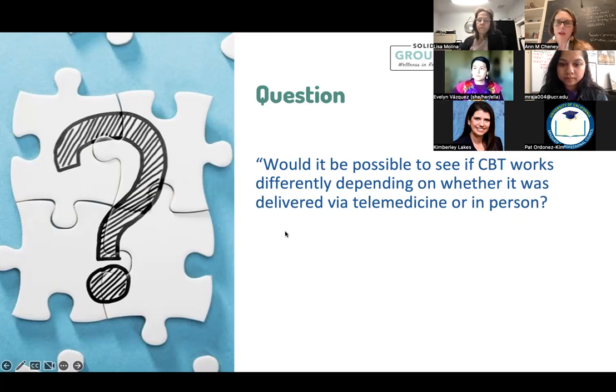We did observations. We also did some one-on-one interviews, and we asked satisfaction questions about the different interventions. So this is an example.